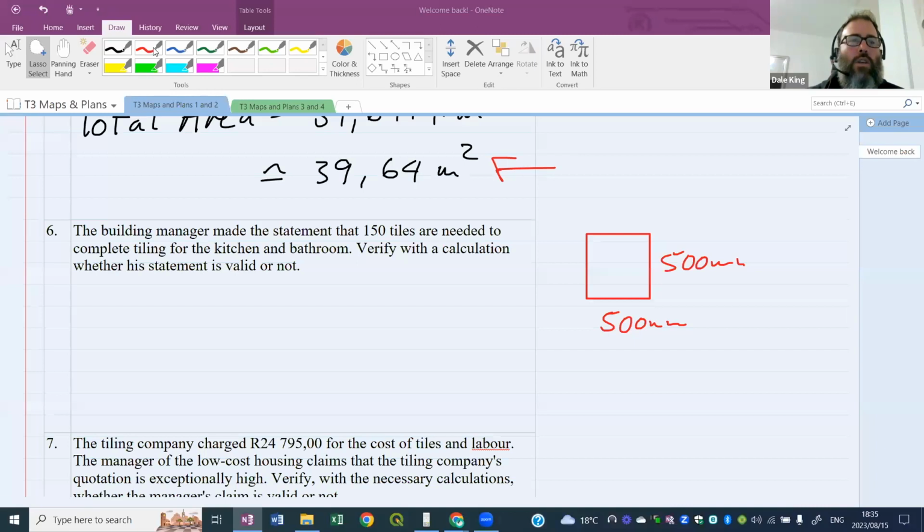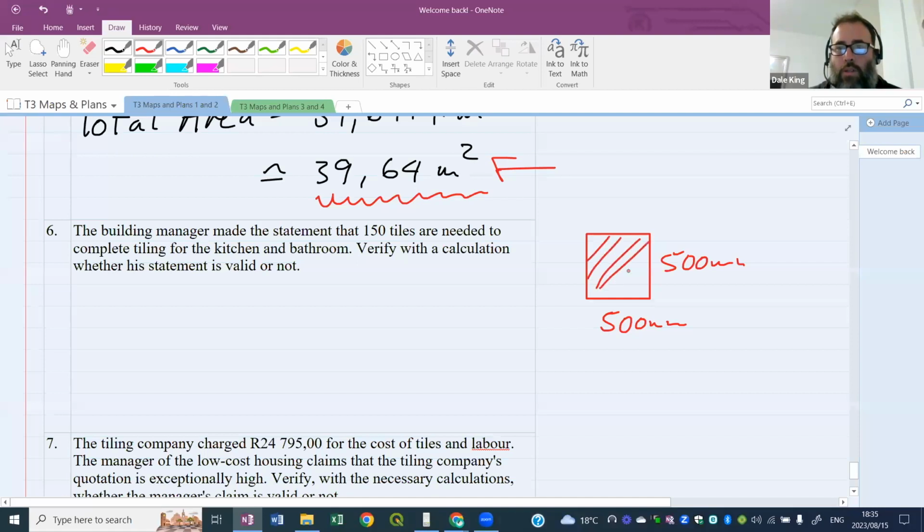And the area for the kitchen and the bathroom is here, 39.64 meters squared. This is the tile that we're going to use to tile this area. The tile is 500 millimeters by 500 millimeters. They want to know, will 150 tiles be enough? Because someone says it is, we've got to verify if it's enough or not. Will 150 tiles, there it is on the right-hand side, be enough for this area?